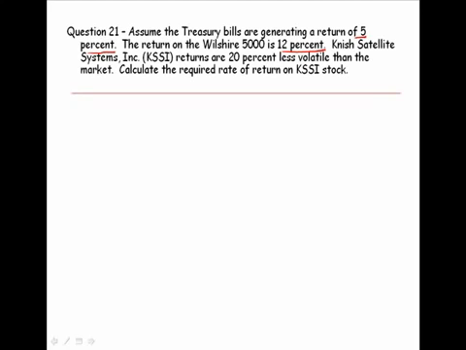Well, let's begin with our formula. Using the capital asset pricing model, the required return on an asset is equal to the risk-free rate plus the market risk premium, which is RM minus RF, times the beta of the stock. Now we've got the risk-free rate of 5%. We've got the return on the market, 12, minus our 5%.